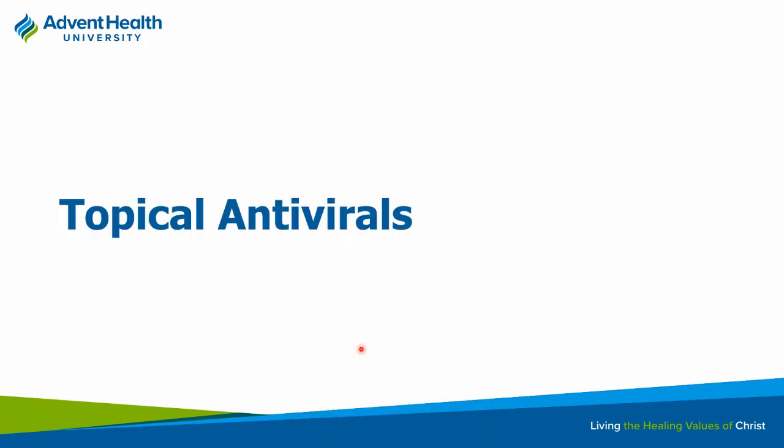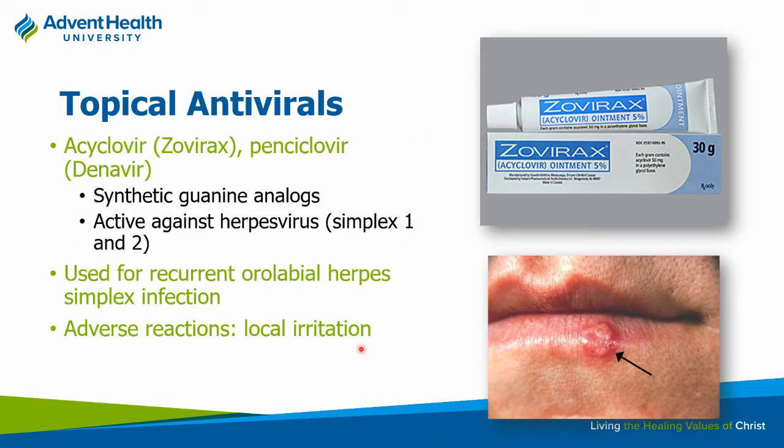And then we have a couple of topical antivirals, not too many here, but typically we're going to see things like acyclovir being used. Penciclovir is used occasionally, and these can be used for things like cold sores. Herpes simplex is going to be the biggest thing you're going to see these used for, at least topically. Now, the way the antivirals work is kind of interesting because they mimic guanine, or guanosine.